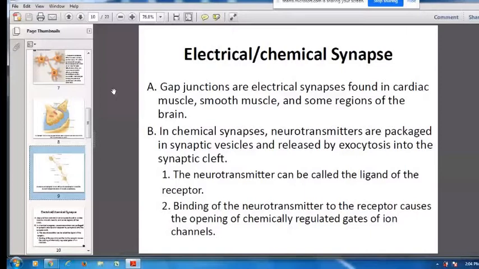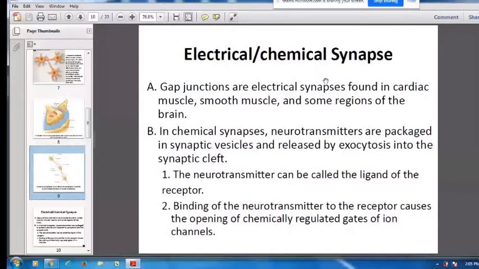Gap junctions are electrical synapses which are found in cardiac muscle, smooth muscle, and some regions of the brain. In the CNS it can be found. Now, in chemical synapses, neurotransmitters are packaged in synaptic vesicles, and they are released by exocytosis into the synaptic cleft.